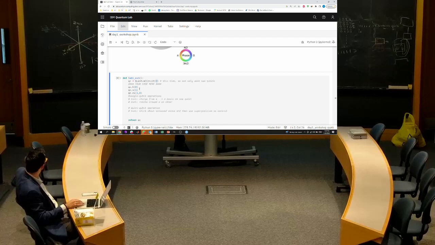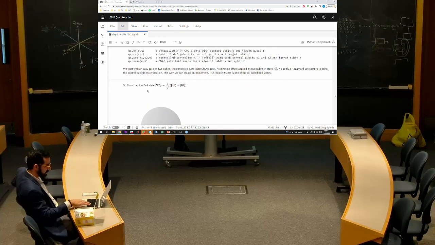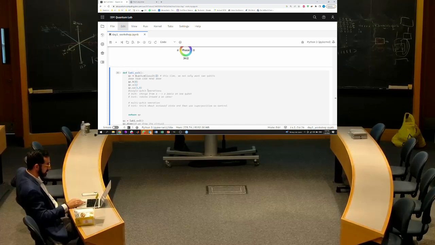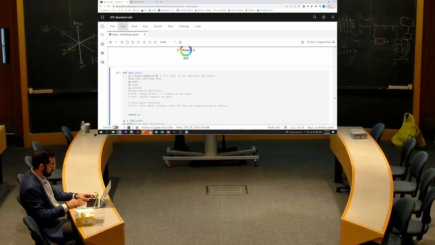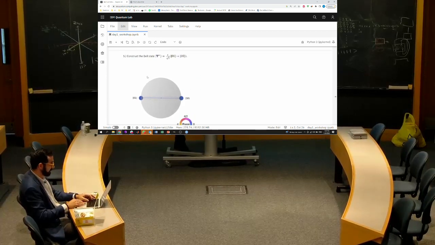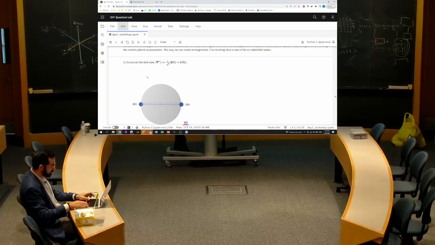The way we do it is by first doing some manipulation to our system, and then operating with the CNOT gate. The idea is the following. You asked how you think about those algorithms, right? So let's try to think about it together and see if we can understand why the solution is the way it is.